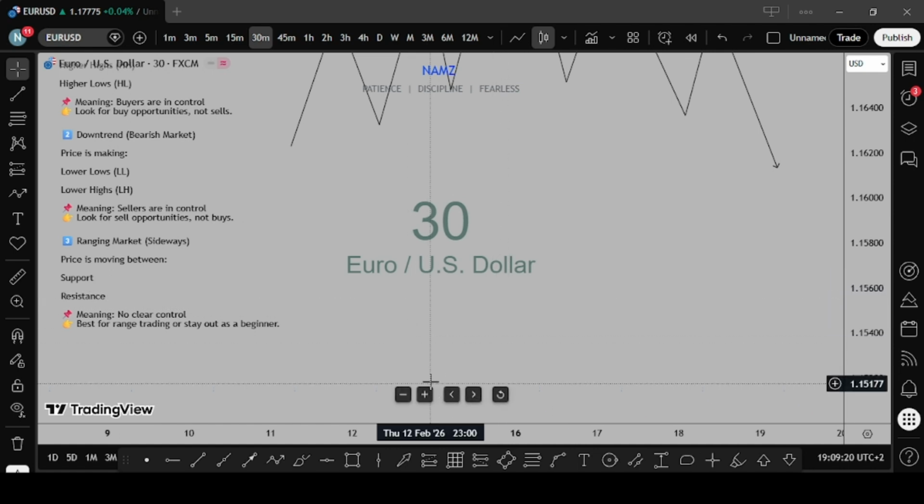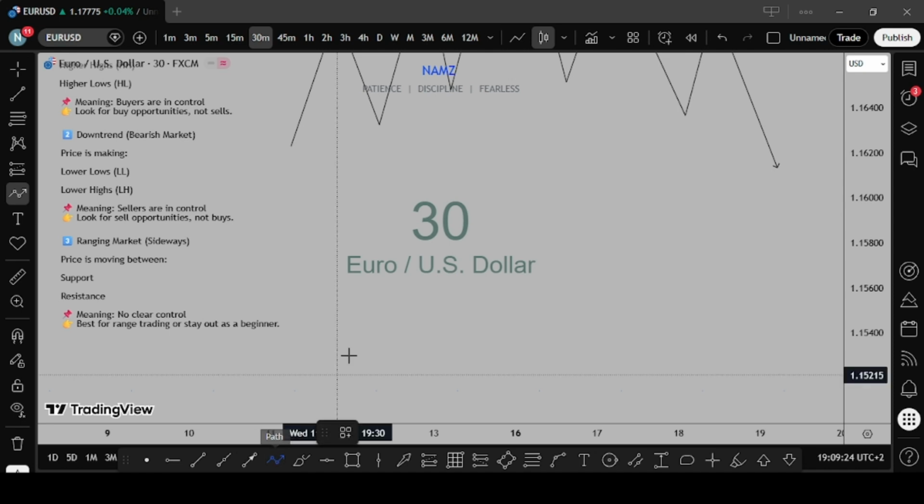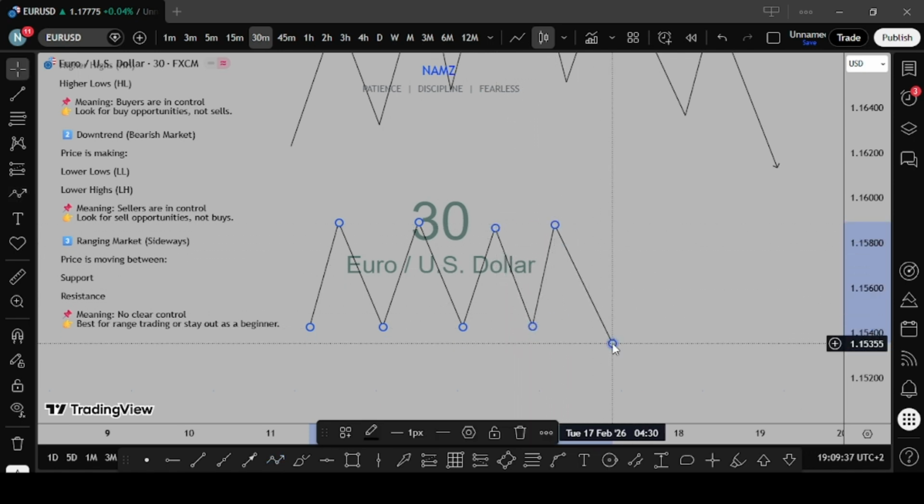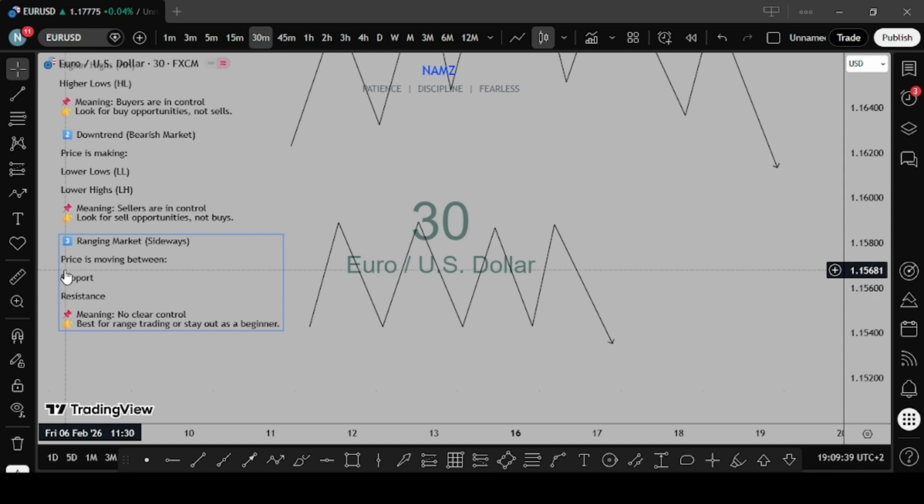So as a beginner trader, this type of market you are supposed to stay away from. An example: price goes up, it comes down, it goes up, it comes down, just like this. So this is what it means to say price is moving between support and resistance.